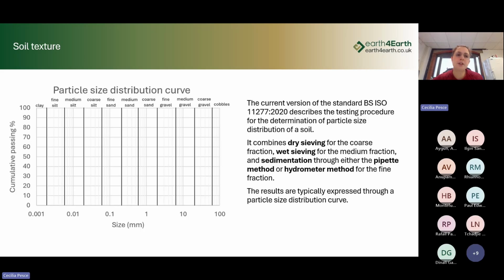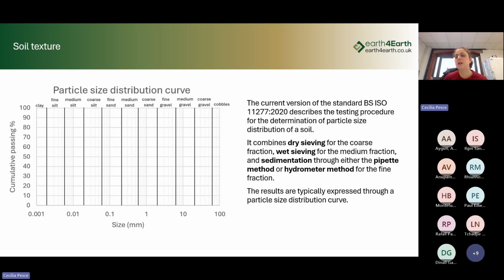So texture, we know, is particle size distribution. There are a couple of standard tests, both British standard, but also ASTM standards. They classify the grains based on their size. And the test combines a few techniques. For the coarser fraction, we use dry sieving. And then as we go to the finer fraction, we use wet sieving.